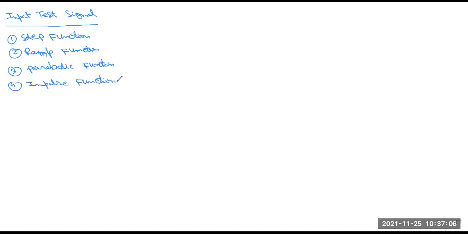So these four types of test signals we use in the time response analysis of a control system. Number one, step function. Number two, ramp function. Number three, parabolic function. And number four, impulse function. Okay, so first we start with the step function.